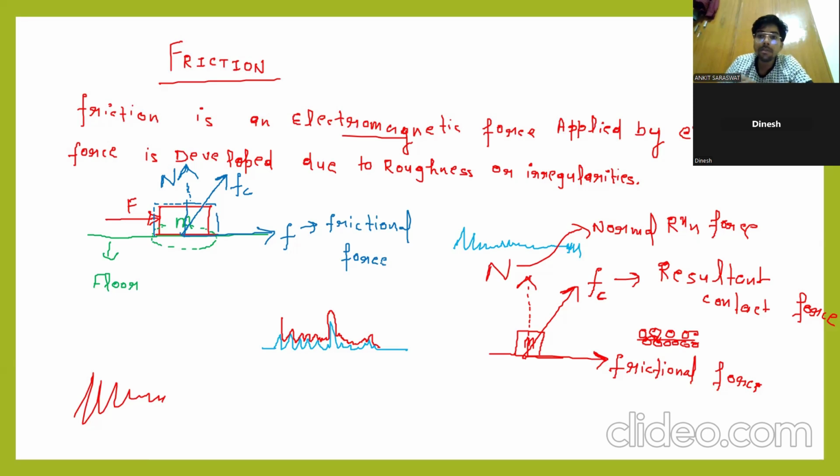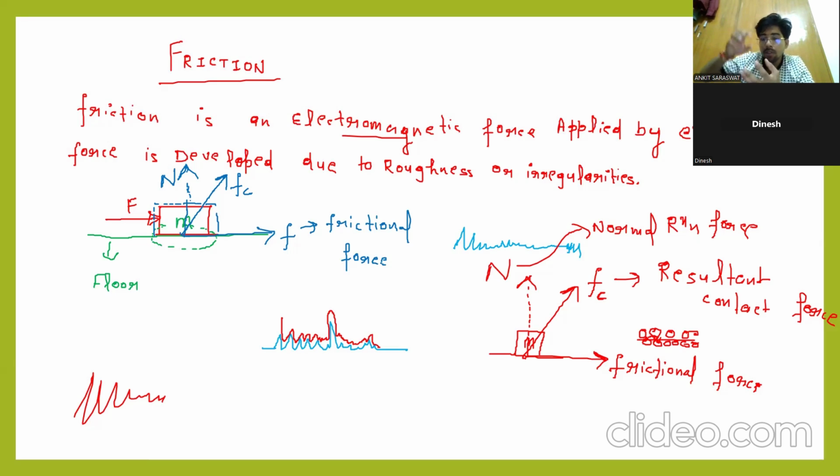Contact force means simply that the block is placed on the floor. When the blocks are very, very close, they compress, sit and interlock. The atoms are that much close, so they apply force on each other.